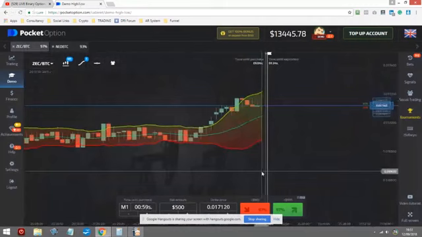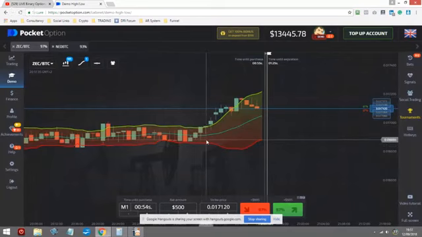I normally trade with, go back to our Bollinger Band settings. I personally trade with a period of 20 and a deviation of 2. That's my default. What that does is it provides me with fewer signals, but those signals are generally better signals.